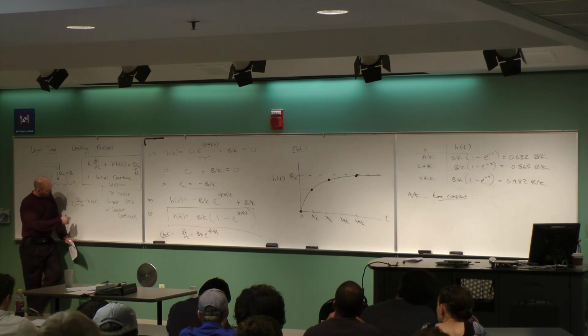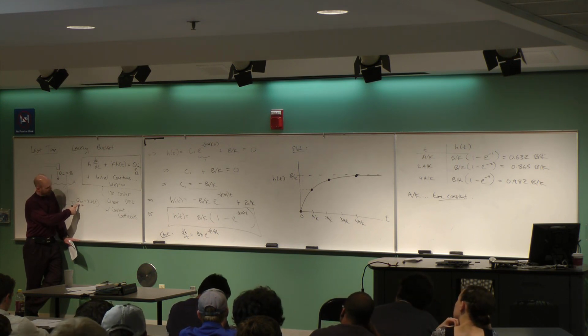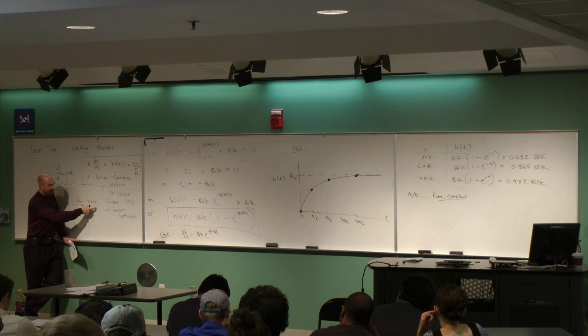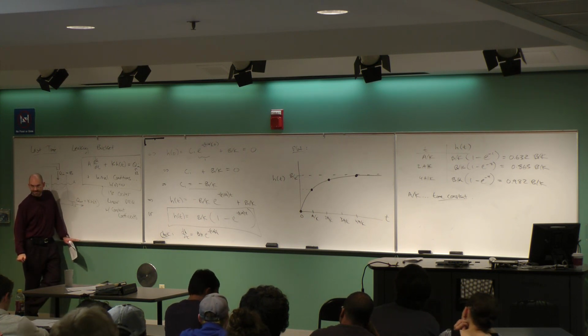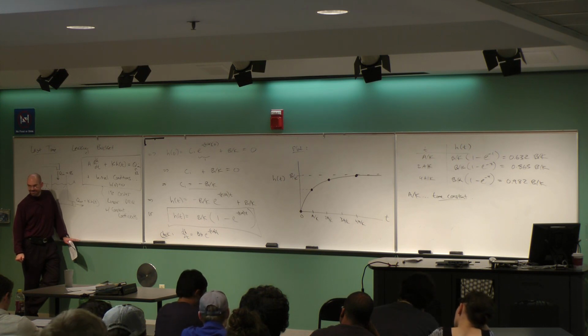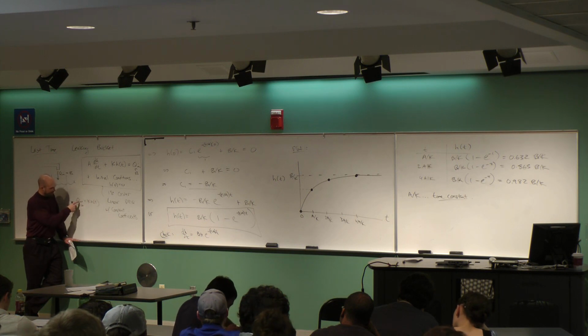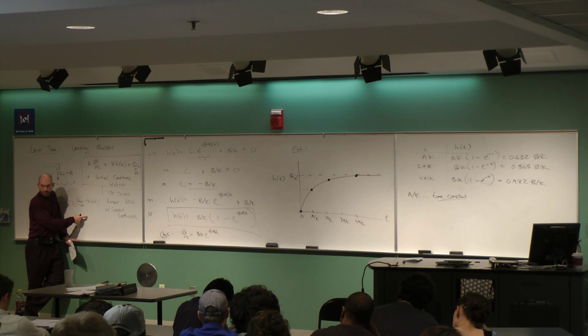Q out is cubic meters per second. So what would K be? Does H have units? H is length, so this is length cubed per second. To get K, I would take meters cubed per second, divide by meters, and I'd get square meter per second.